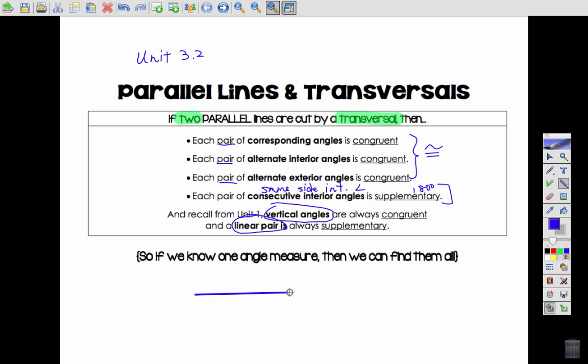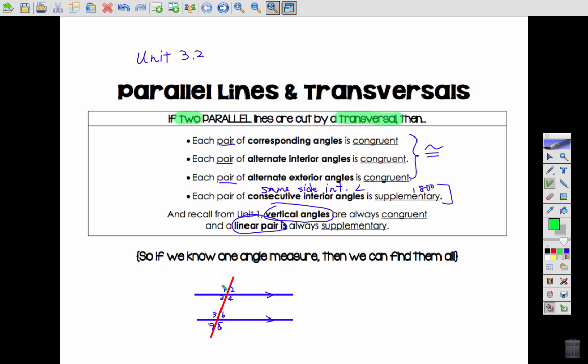It means that according to this condition on top, if I have two parallel lines, and the way we notate parallel lines is by the arrows, and then it's cut by a transversal, it creates two groups of angles, 5, 6, 7, 8, and each group has 4.